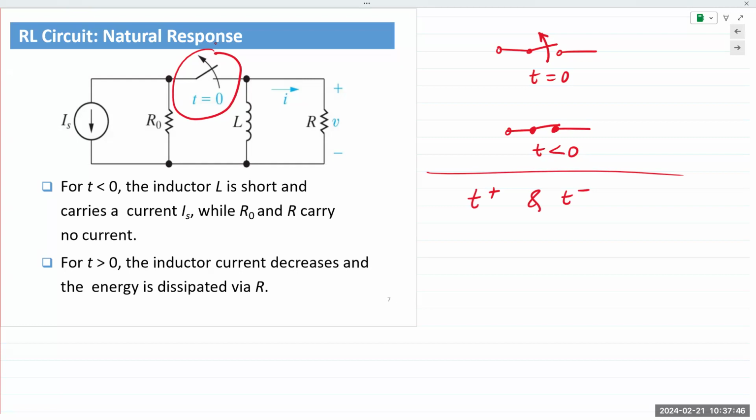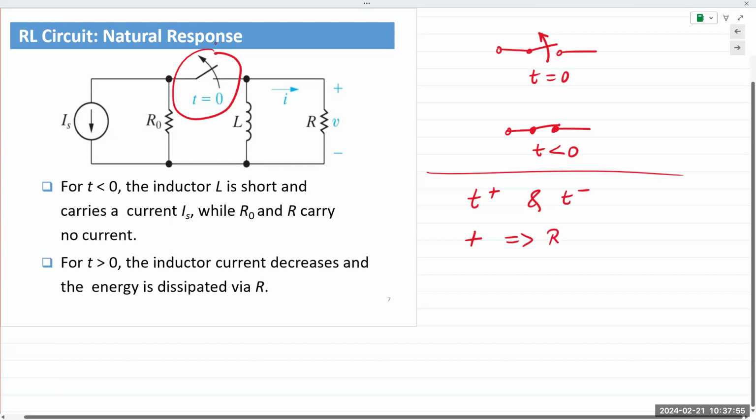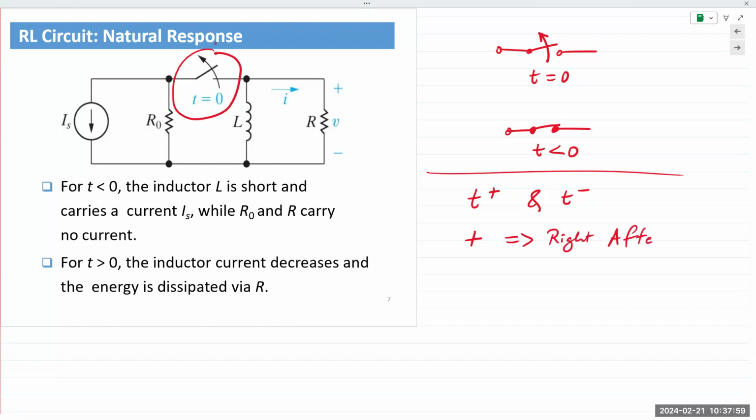Plus simply indicates the time right after, or immediately after, immediately succeeding.